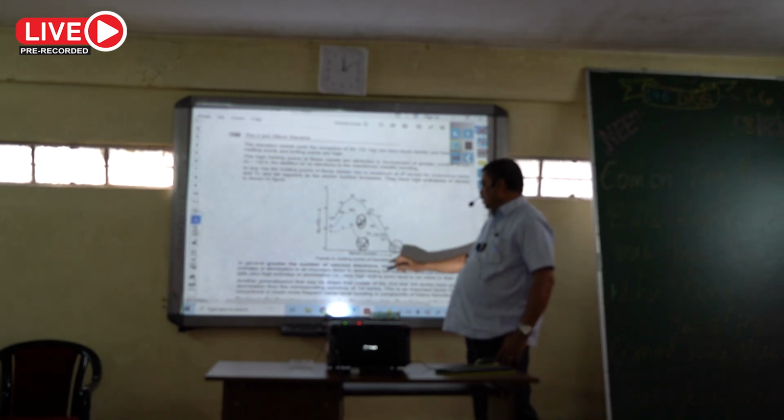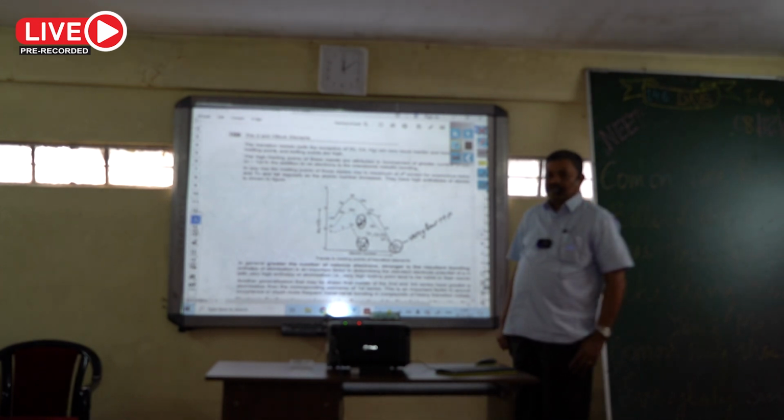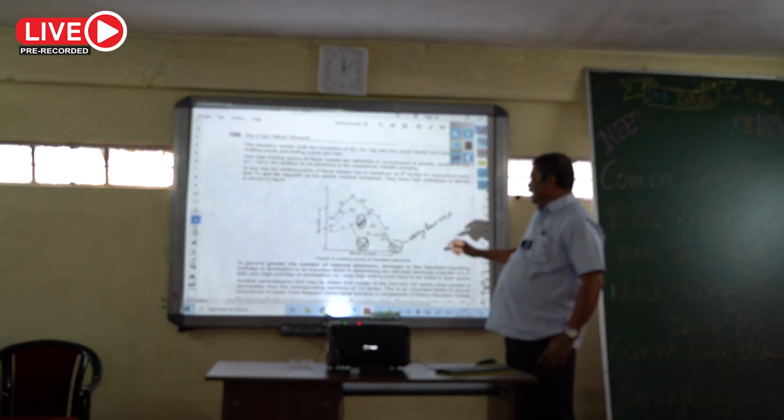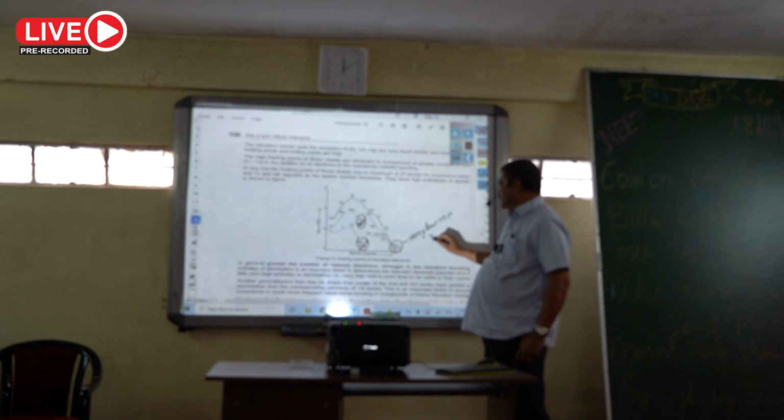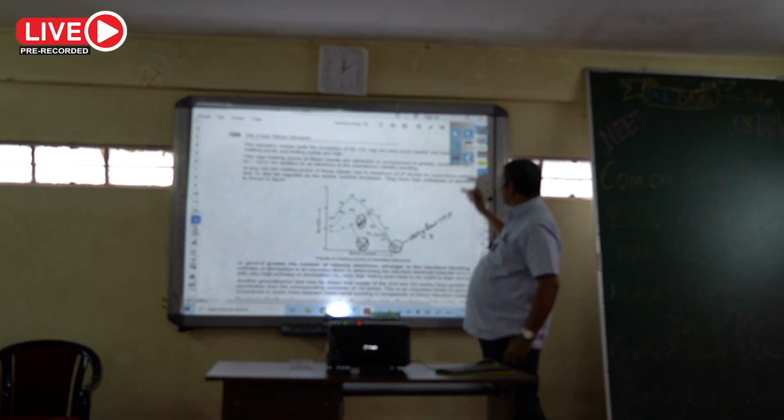Copper, silver, gold, very low melting points, because of the fully filled d10 configuration.